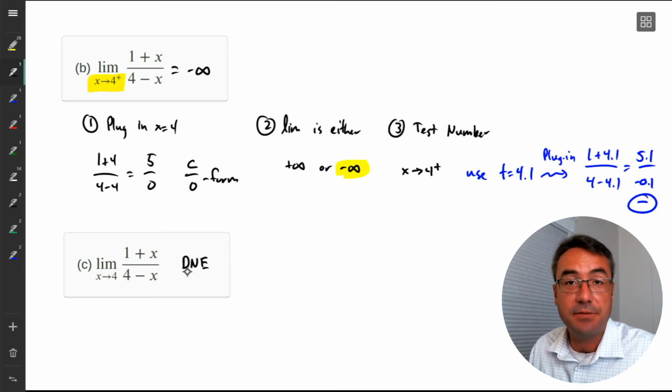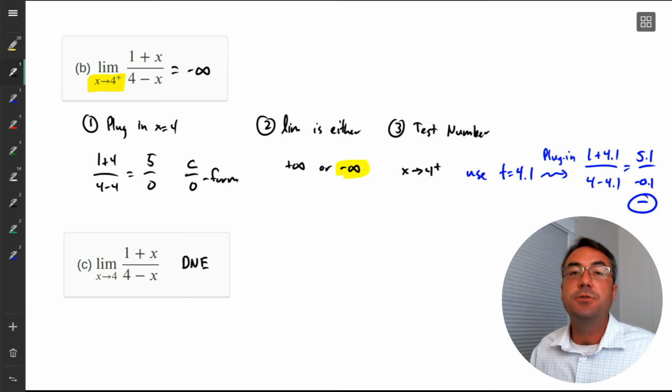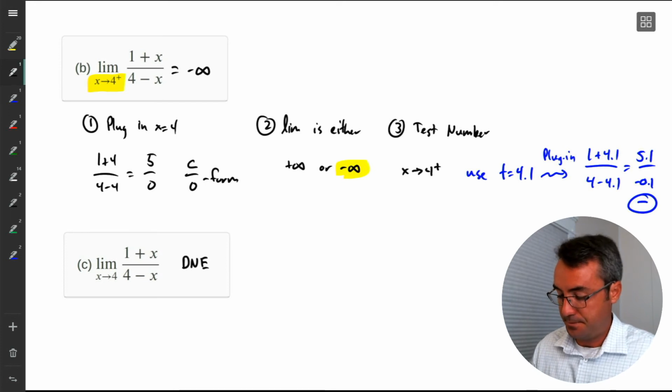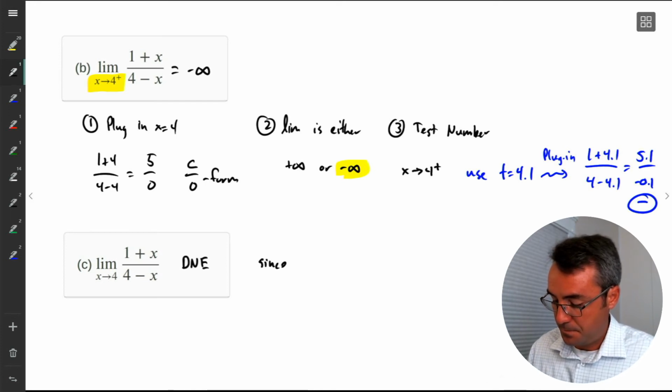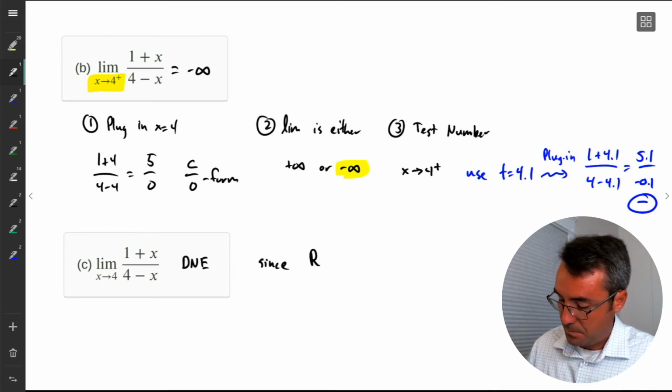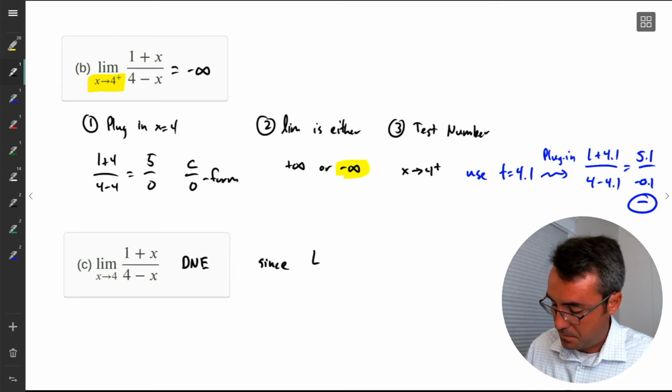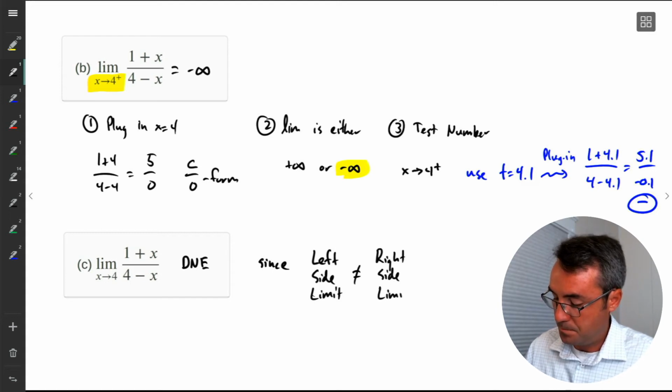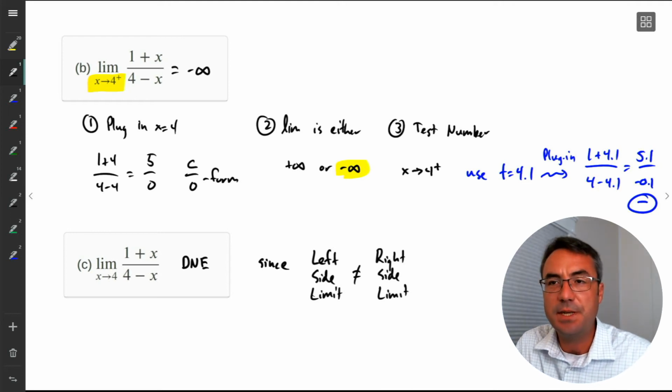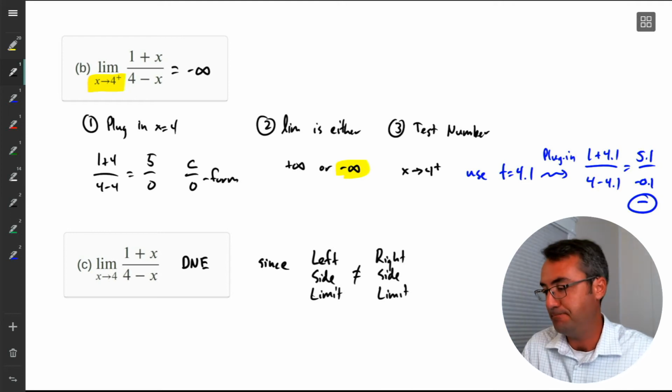And that's because the left and the right side are just doing very different things. So we say that that overall limit does not exist.